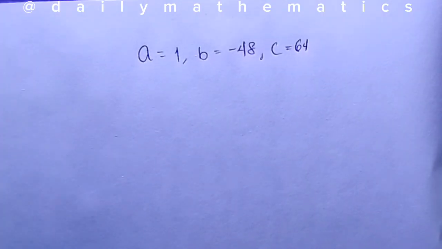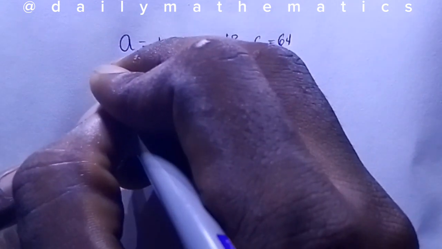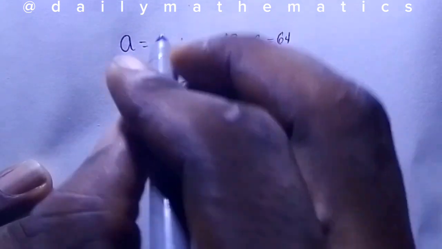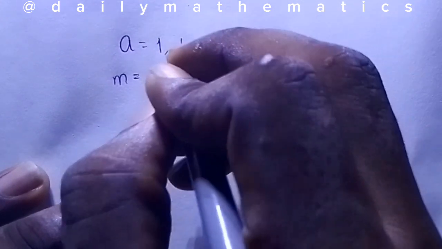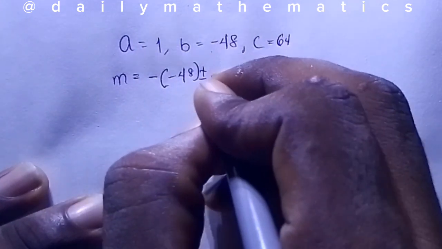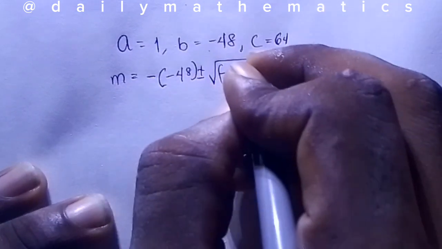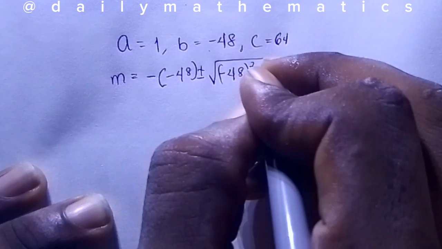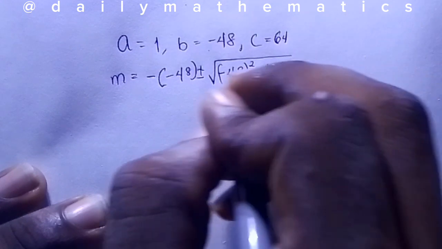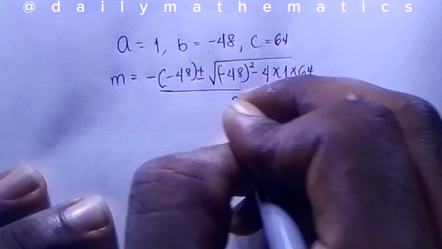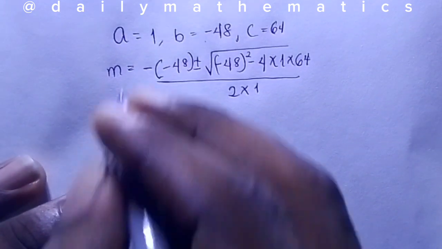So using this formula, let's work it out. m equals minus b, so we have minus minus 48, plus or minus the square root of b squared, minus 48 squared, minus 4ac, over 2a, that's 2 times 1. Minus times minus gives us plus.